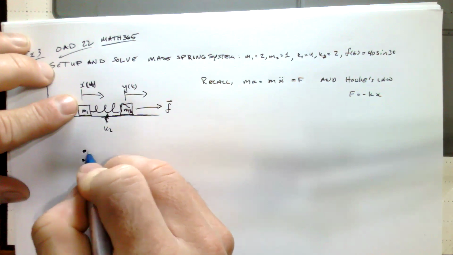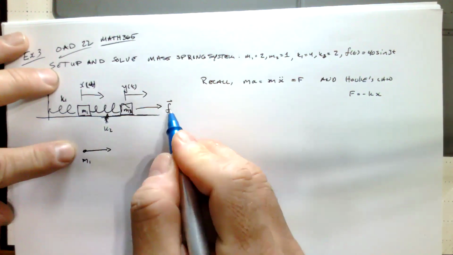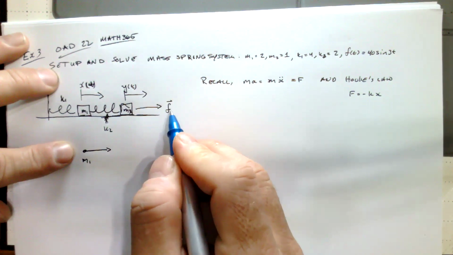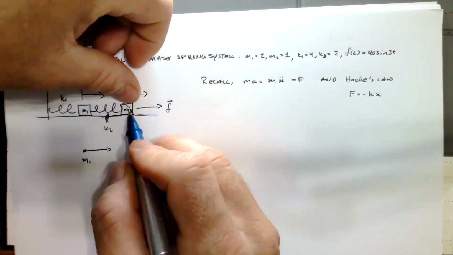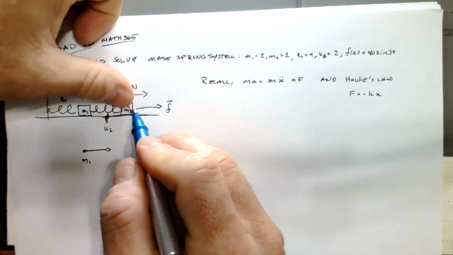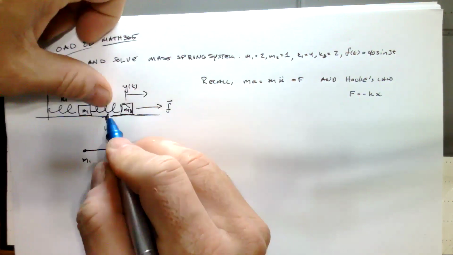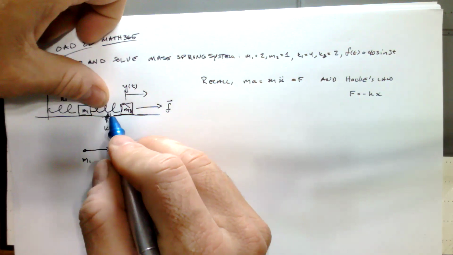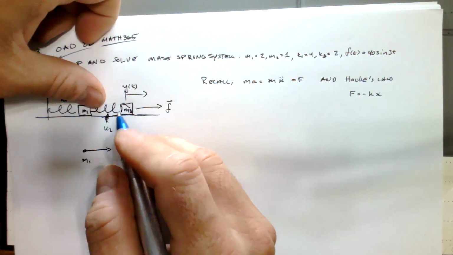If I draw M1, just representing this box, it's going to feel the driving force, but not directly, because first of all, M2 is going to feel that. When F gets pulled, M2 is going to be pulled. And so what's going to pull on M1 from the driving force is actually the connection with the spring constant here. That's the connection that's happening there.